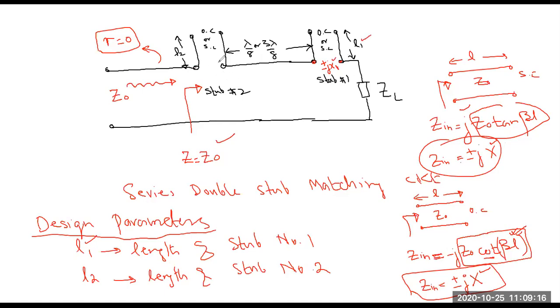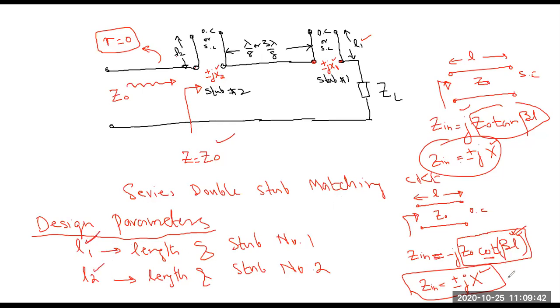Similarly, the purpose of connecting stub number 2 is that it can provide us minus plus jX2. Once I know X2, I will find out L2. So once we know X1 and X2, we will be able to find L1 and L2.